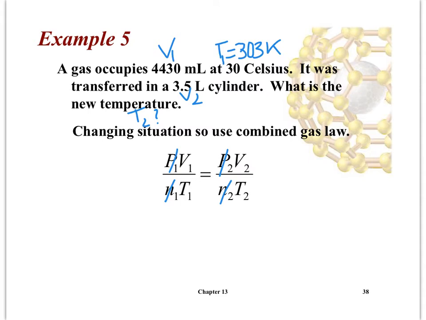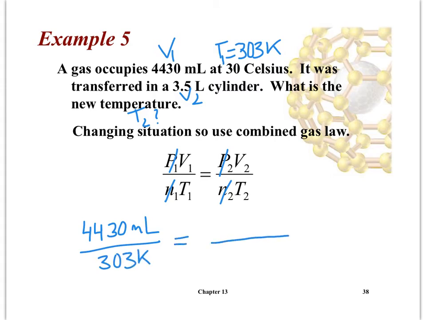I'll plug in my numbers. So my V1 is 4,430 milliliters. My T1 is 303 Kelvin. My V2 is in liters, so I need to convert that to milliliters. Either you convert both of them to liters or both of them to milliliters.